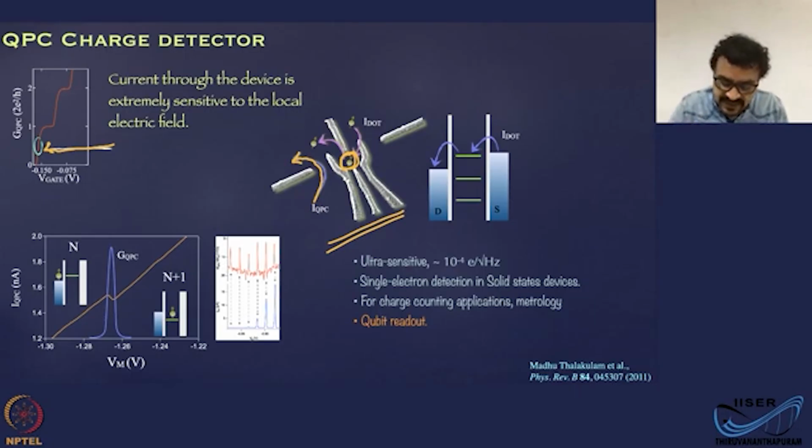What you're seeing here in this plot is the actual data where this represents the transconductance, that means the conductance of the QPC as a function of the electric field or gate voltage. In this case, you can see that there is a small bump in the conduction in the middle here. That corresponds to an electron moving out of the dot when you move the voltage in the negative direction.